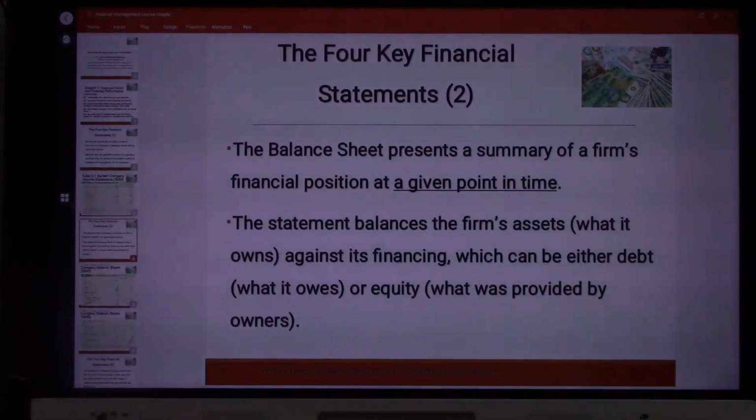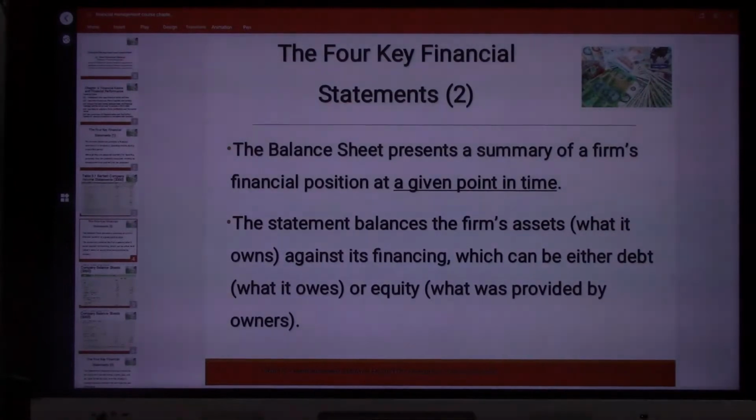As we know from accounting, any balance sheet can be defined by the balance sheet identity. The balance sheet identity can be expressed as total firm assets should equal the total firm's debt plus the owners' equity.